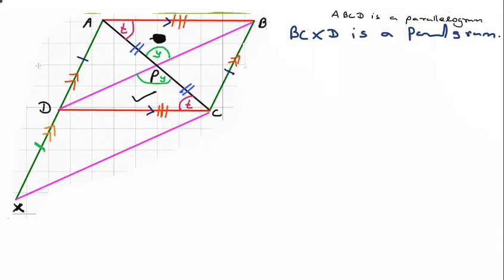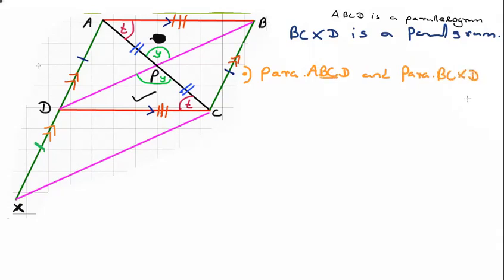Let's say to our marker that we identified that both of these parallelograms are having the same base. So let's say that. What is it? Parallelogram ABCD and parallelogram BCXD.